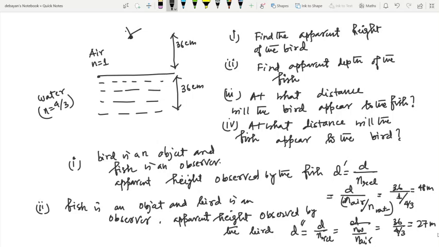For the fish, the bird will be observed at a distance where the apparent height observed by the fish is d prime, that is 48. 36 is already given, so the distance at which the bird appears to the fish is 36 plus 48, which comes to 84. The distance at which the fish appears to the bird is 27 plus 36, so it will be 63. So I hope this is understood.